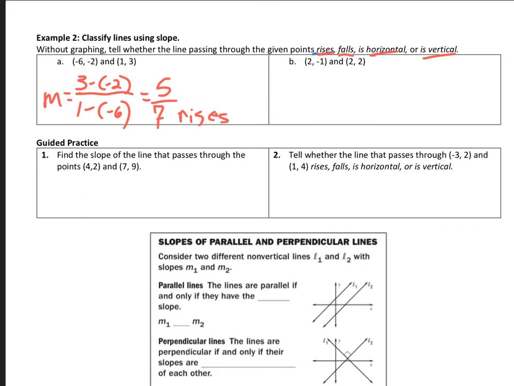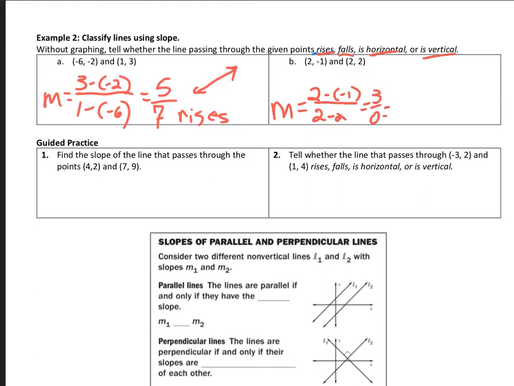And a quick sketch of what that line might look like: a line that's increasing from left to right. So a line that rises. As for B, y2 minus y1, 2 minus negative 1 over 2 minus 2. So that becomes 3 over 0.